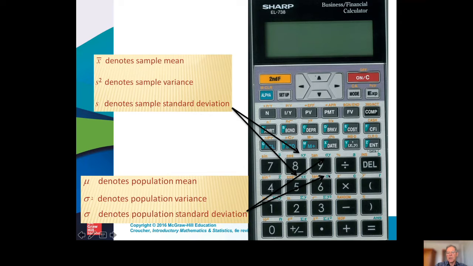Sigma x, standard deviation of the population. And we said last week, one way to remember it is the sample is smaller than the population, 5 is smaller than 6, and that's another way of helping you identify, hey, is this the sample standard deviation or the population standard deviation? We'll be doing these calculations in a week or two.